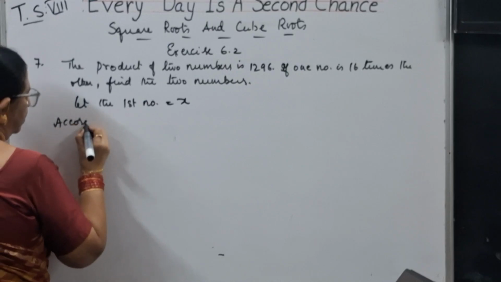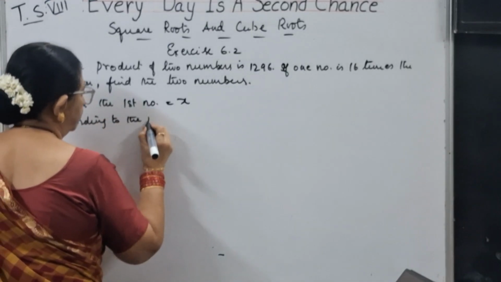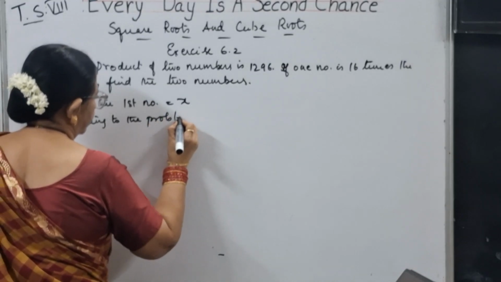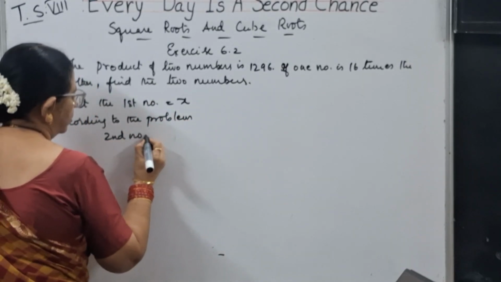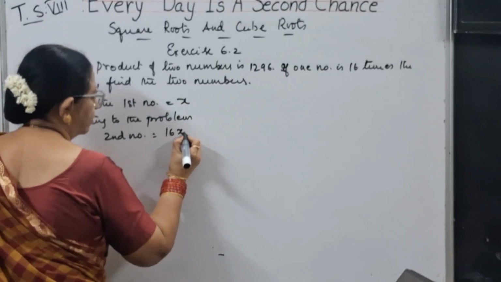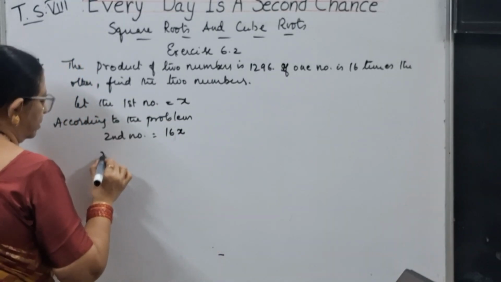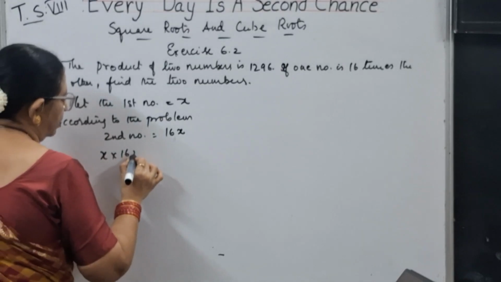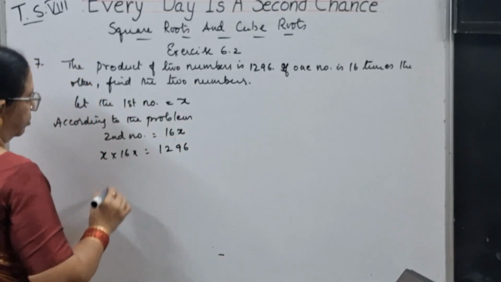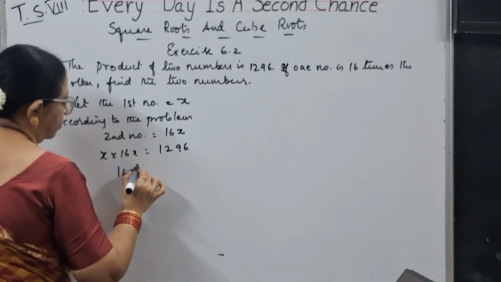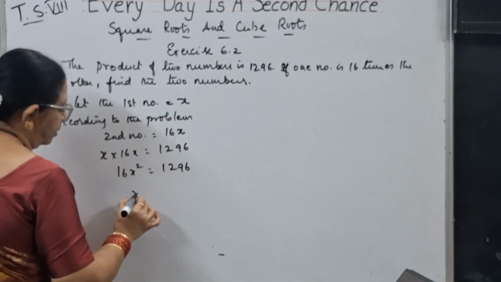Then, according to the problem, the second number is equal to 16x, 16 times x, and the product, that is x into 16x, is equal to 1296. That means what, children? 16x square is equal to 1296. So what is x square?